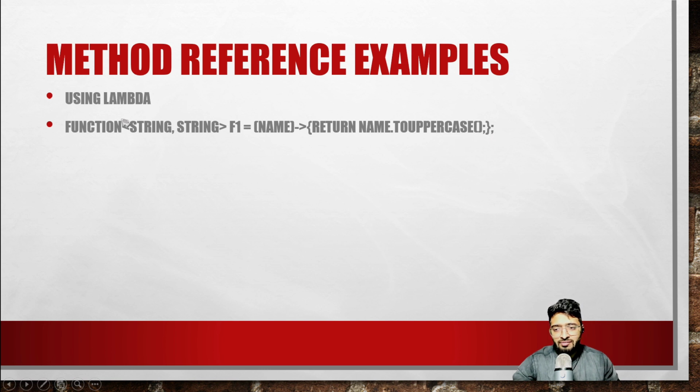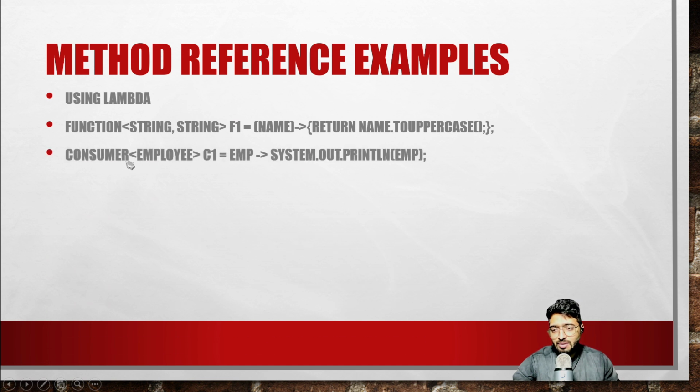Hope you remember that we implemented this same lambda in our code. The second example of a lambda expression is a Consumer: we created one Consumer of Employee and we are just printing it using System.out.println. Now, how can you write these two lambda expressions as method references?